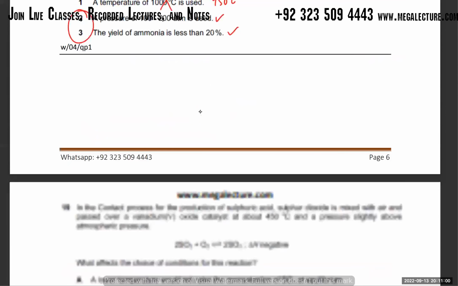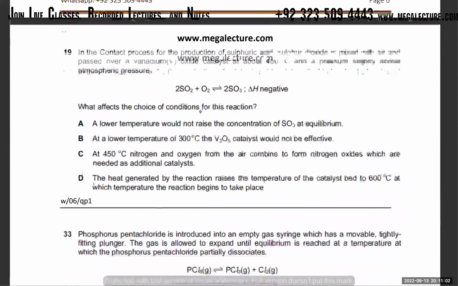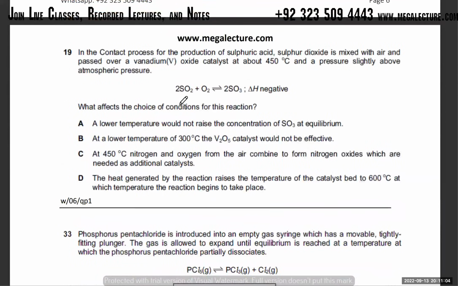Haber process में अगर ये तो उसका था. अच्छा, we've got this reaction, what affects the choice of conditions for this reaction? A lower temperature would raise the concentration of SO3, is that true? Would not raise?